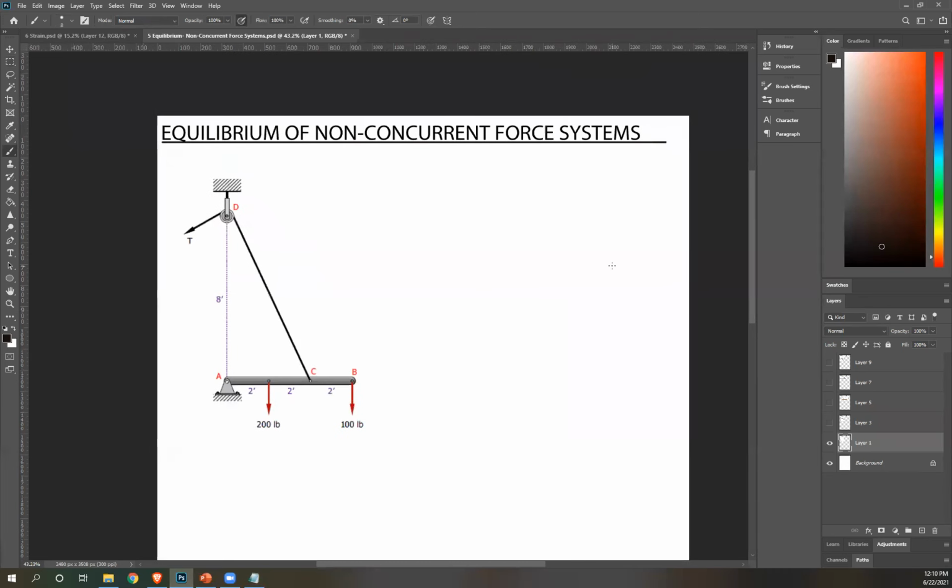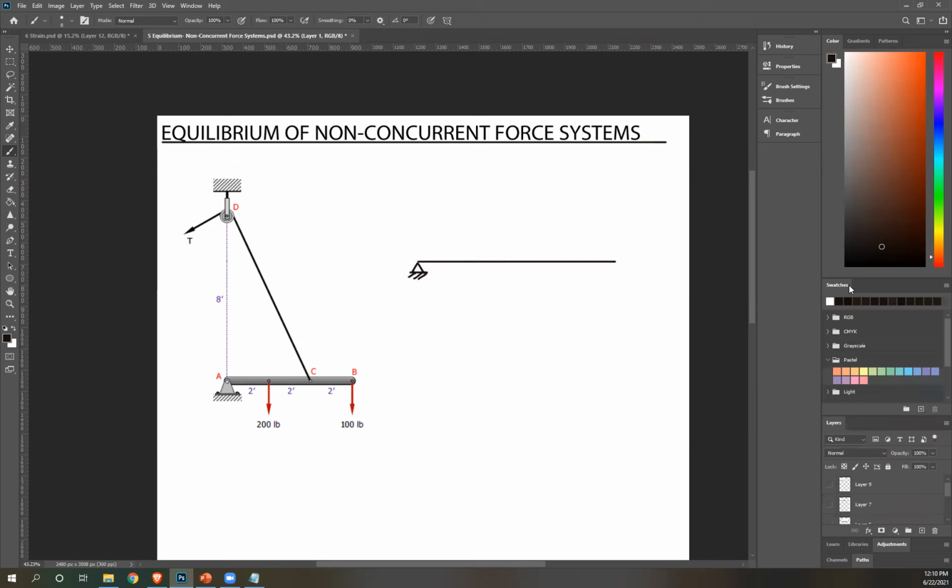So when you have this, okay, this can be redrawn into this, okay? So we have a support here, which will experience reactions, okay? So this is guessing the direction of your reactions.